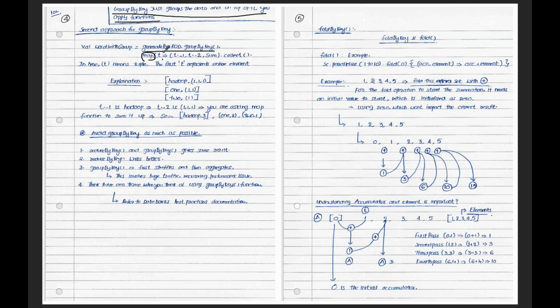You have a tuple t. Now your t dot underscore 1 and t underscore 2 dot sum. In here t means tuple. The first t represents the entire element. Now don't worry about it.